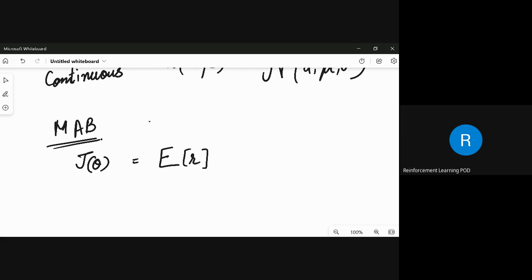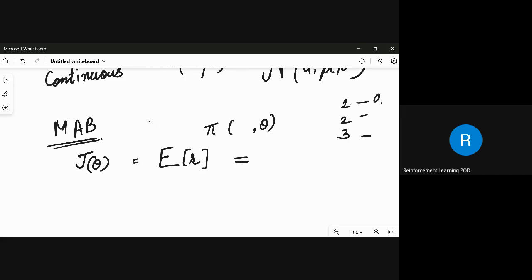For a multi-arm bandit problem, if there is some policy parameterized by theta, what would its expected reward be? Can anyone try to guess it? Imagine that there are three arms: arm 1, arm 2, arm 3.